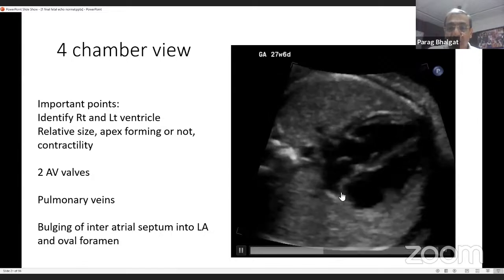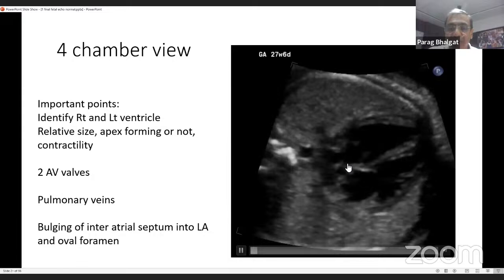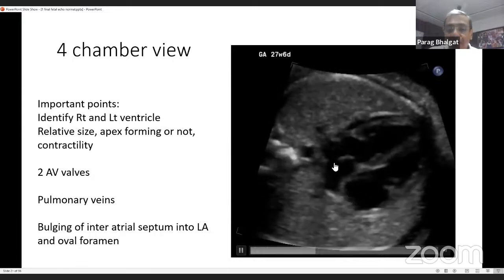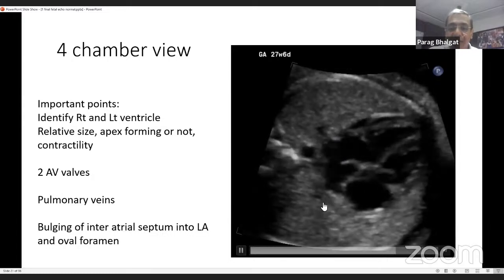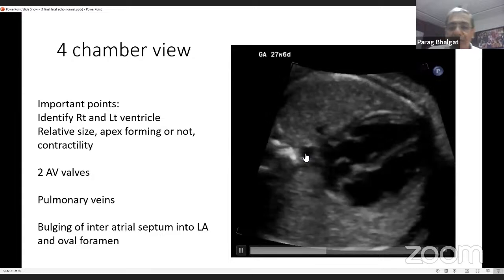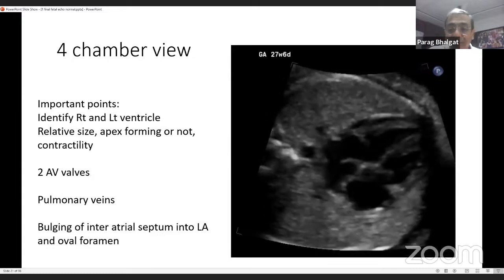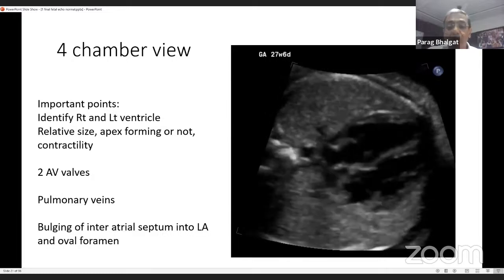This is tricuspid valve. This is bulging interatrial septum, foramen ovale. So bulging represents the right to left flow across the foramen ovale. Then there are pulmonary veins and this is aorta. So I always try to look at the moving image, try to appreciate the movement of valves.